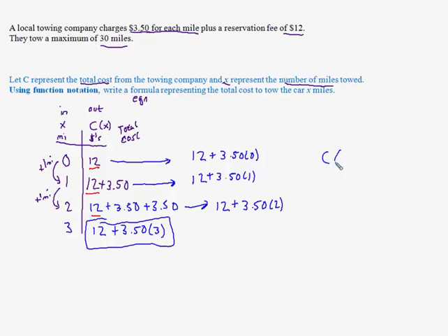My c of x changes every time x changes, but there's a pattern to that change, and the pattern is that they all start at 12, they all have a plus, they all have a 3.5 in them, and the only thing that seems to be changing at all in this problem is the number in the parentheses. And if you notice, the number in the parentheses is always exactly the x value, right?